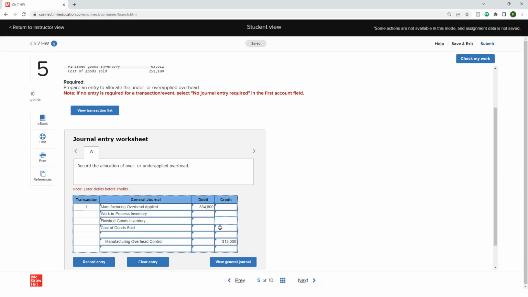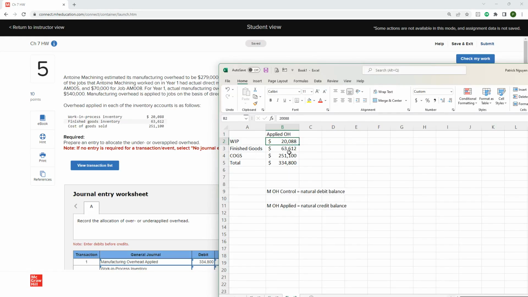So to do that, we'll use our Excel spreadsheet. So we have the dollar figures which are applied to each of the inventory and expense accounts that were listed. So now we have to figure out what percentage of overhead was allocated to each account.